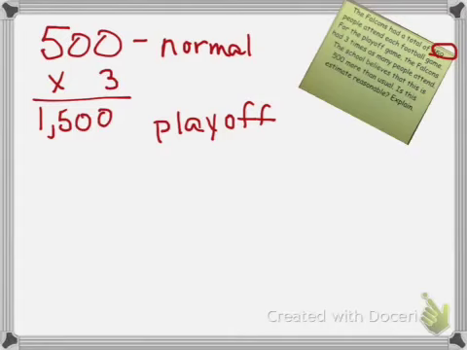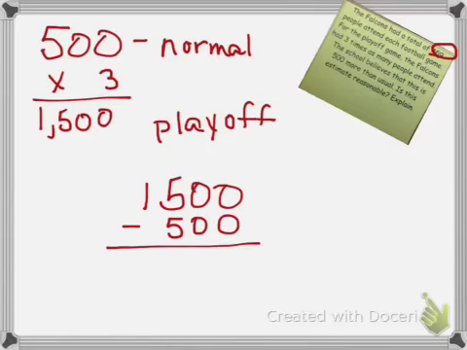So then the question just says that the school believes that this is 500 more than usual. Well, to figure that out, I have to take 1,500 minus the original game. When I subtract that, I get 1,000. So is the estimate of 500 the actual answer?